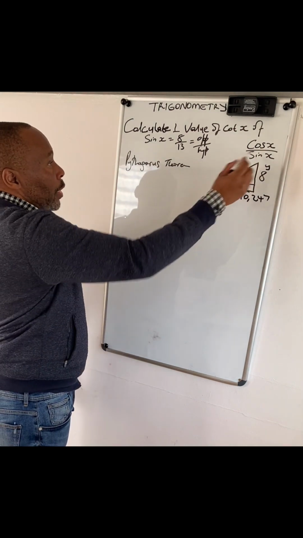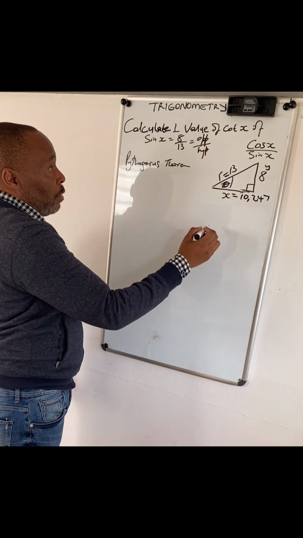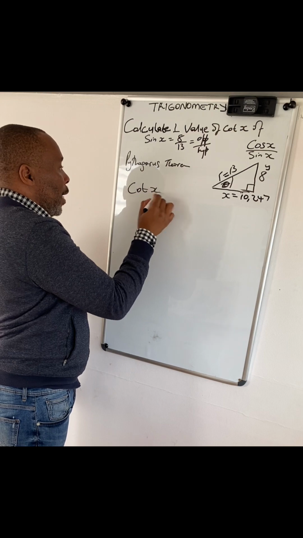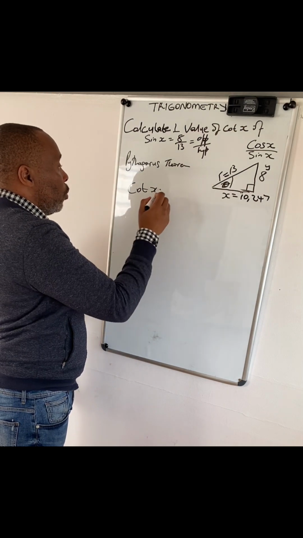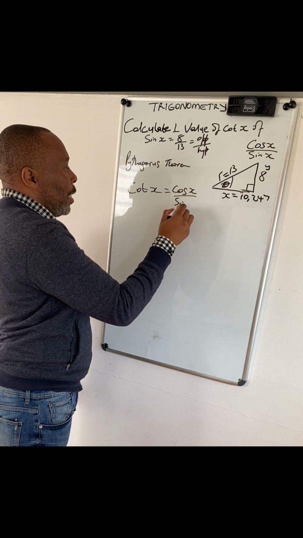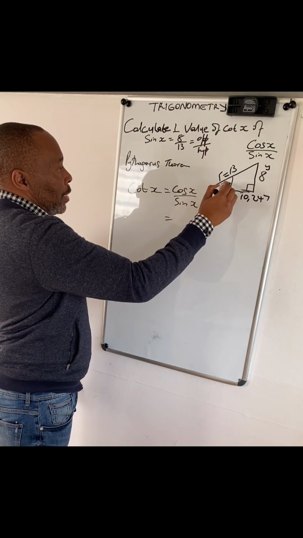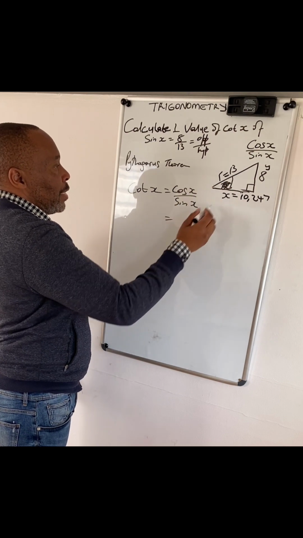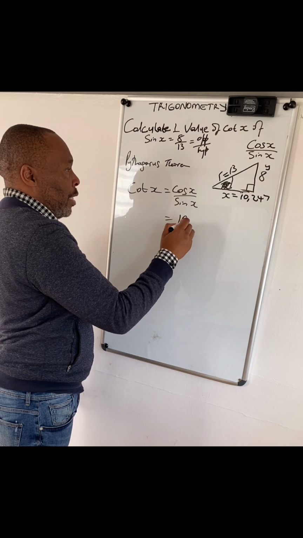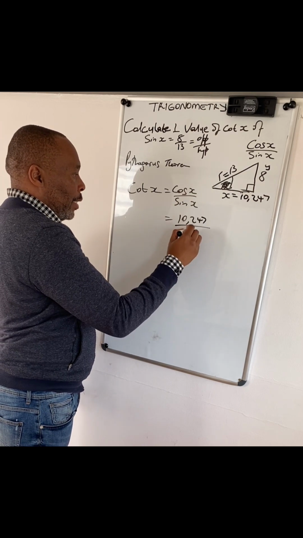Right, so we need cos, because we need to find cot x. We've already found these values. We know cot x will be equal to cos x over sine x. Now cos x is adjacent over the hypotenuse, which is 10.247 divided by 13.